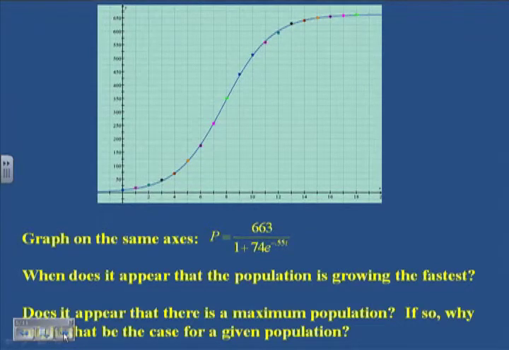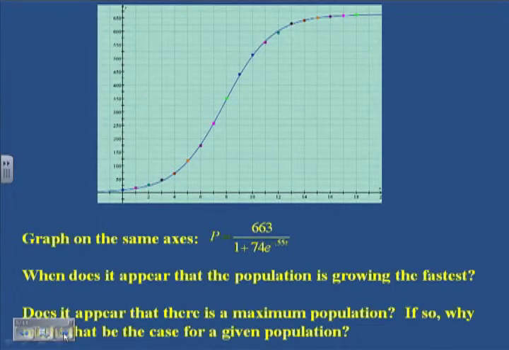Does it appear that there's a maximum population? I've had some students in class say, it kind of looks like there might be a horizontal asymptote up there at the top. One down here as well. Sounds like a great idea to me. Okay?